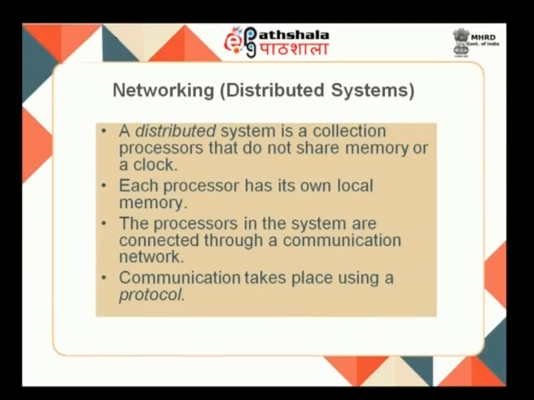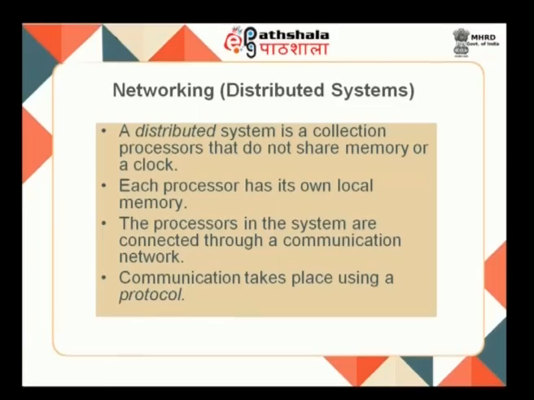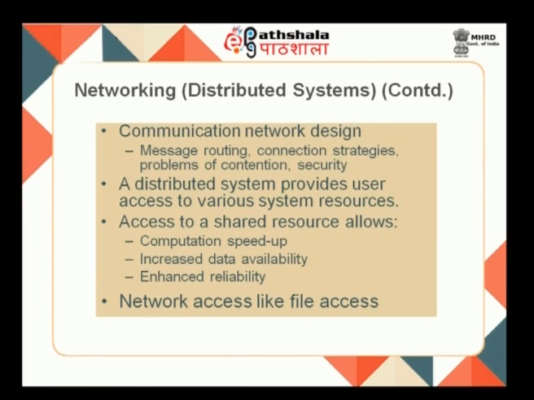A distributed system is nothing but a number of processors which do not share memory or a clock, basically a number of machines connected together. Each processor has its own local memory, and the processors are connected together using some communication network, and the communication takes place using a protocol.